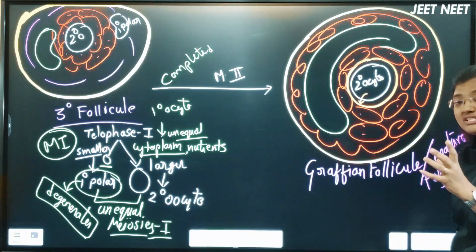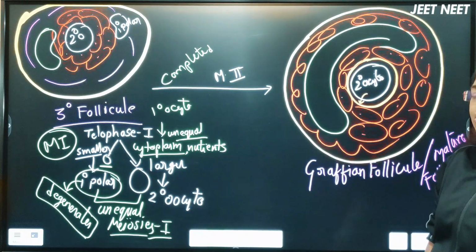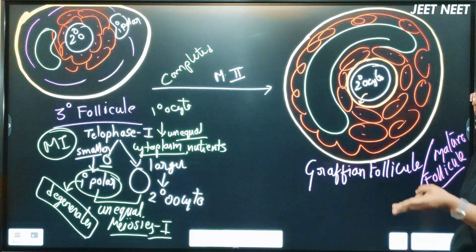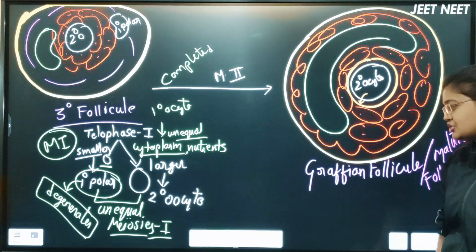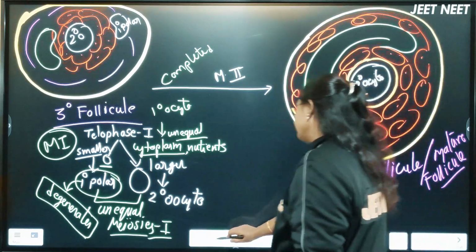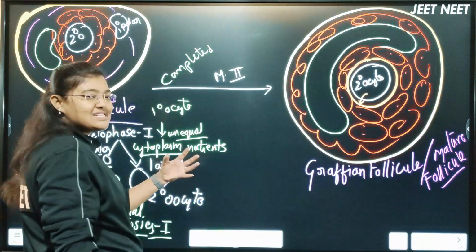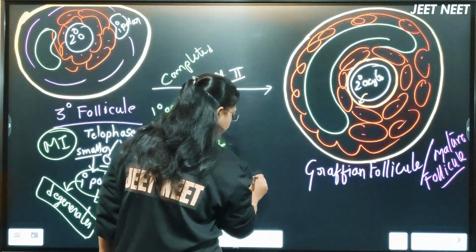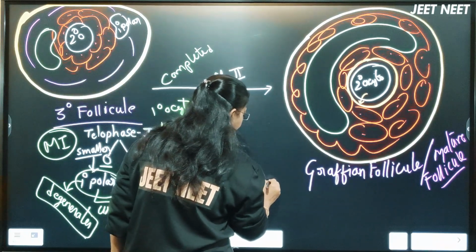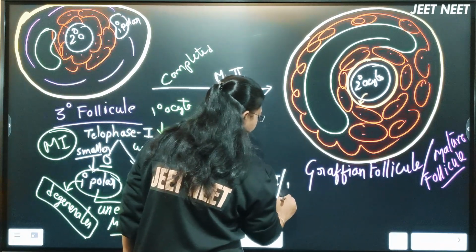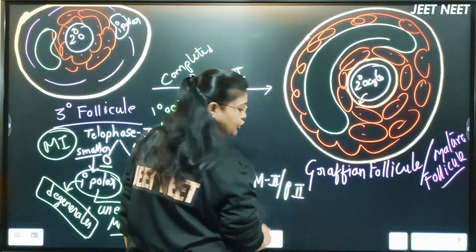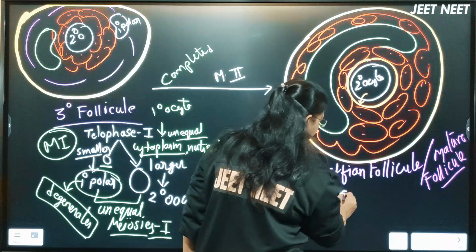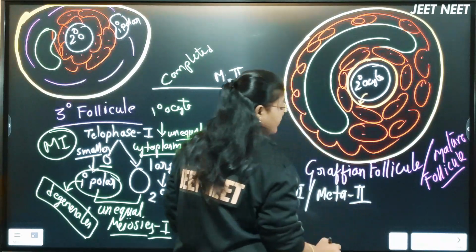I'm showing you the differences clearly between the primary follicle structure, secondary follicle structure, tertiary follicle structure and the Graafian follicle structure. The Graafian follicle starts its meiosis 2, completes prophase 2 and enters metaphase 2.